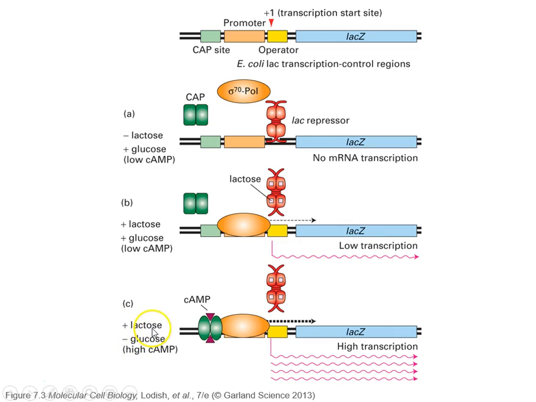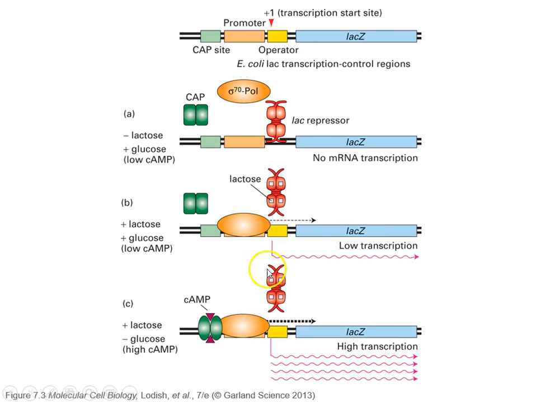So if lactose is present and glucose is absent, now the concentration of cyclic AMP goes up, and cyclic AMP then binds to CAP, and that causes a conformational change that allows CAP to bind to the DNA, and it binds in a way that encourages the RNA polymerase to find the promoter and to initiate transcription.